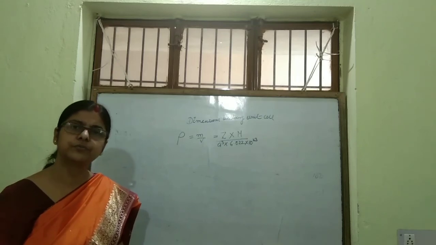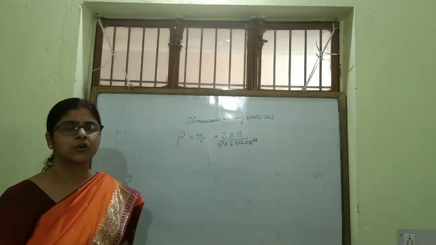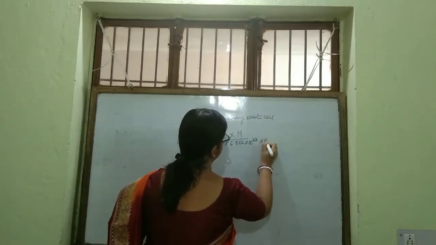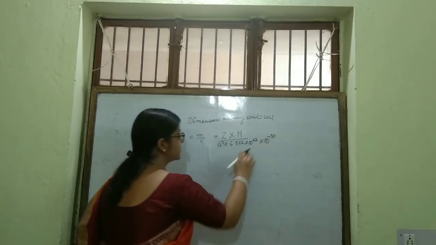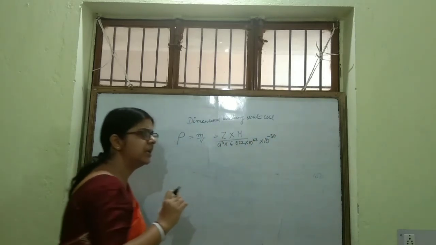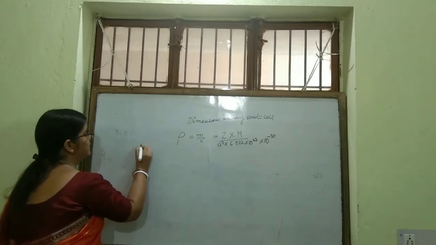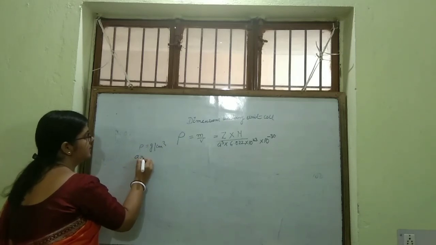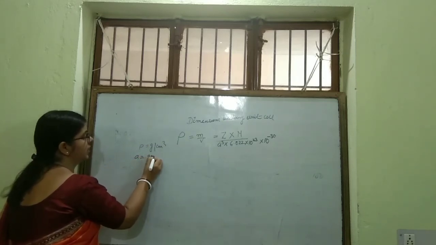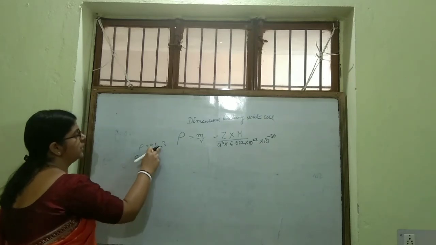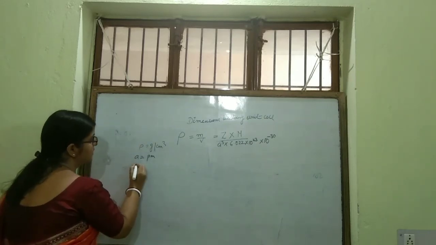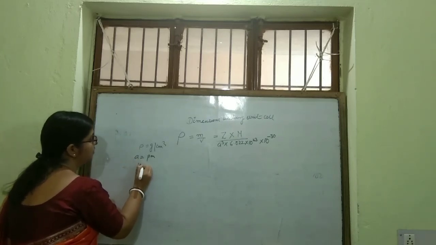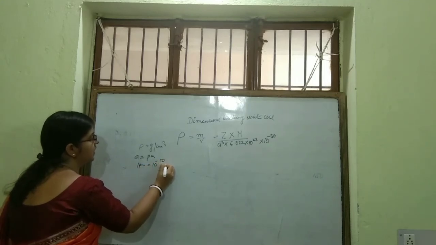Now in your questions or in your solved examples, you will see a factor written like this, 10 to the power minus 30. This is a very simple thing, students. Usually in your questions, you will see density is given in gram per centimeter cube and the edge length is given in picometer. So to convert picometer to centimeter, 1 picometer is equal to 10 to the power minus 10 centimeter.